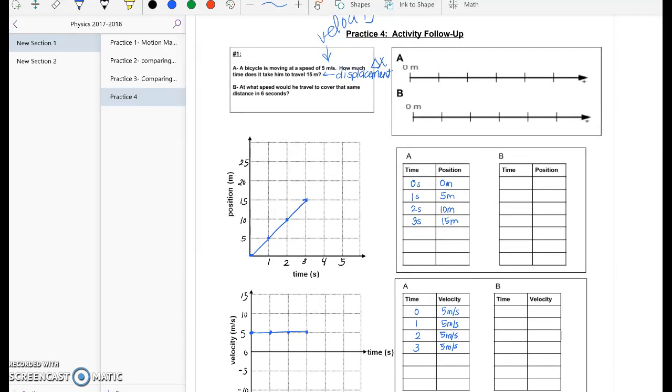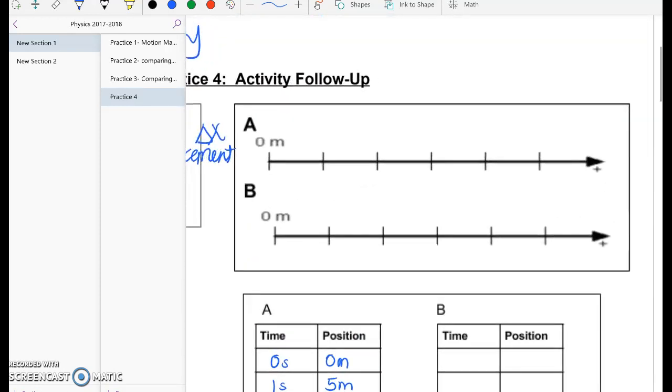Oh, we should probably also do our motion map. So this is our position line, and we're going to mark our position line with the positions. So 5 meters, 10 meters, 15 meters, 20 meters, 25 meters.